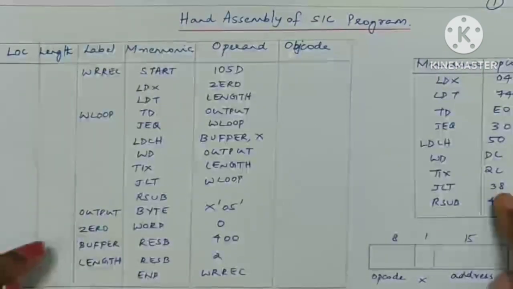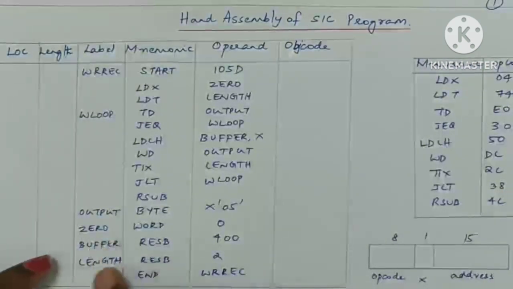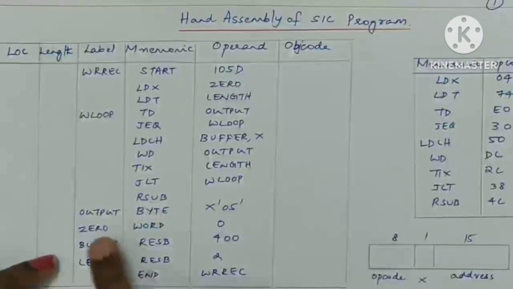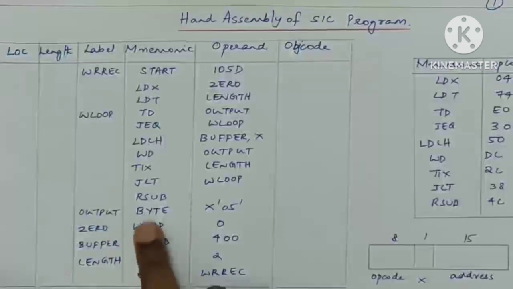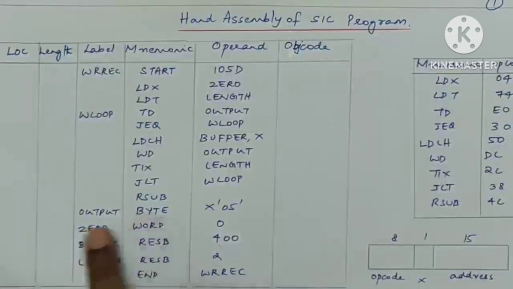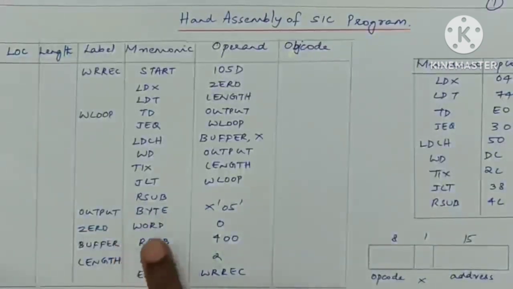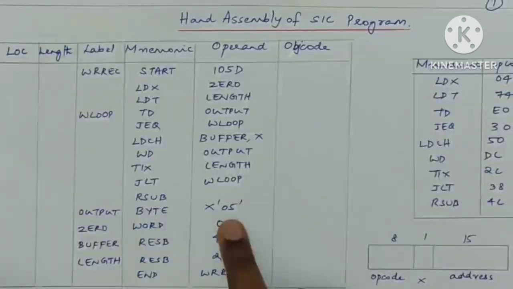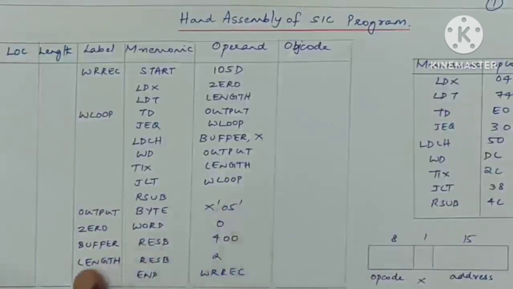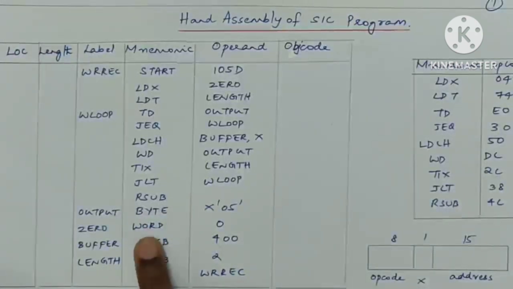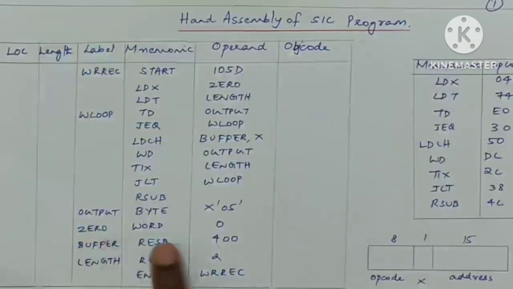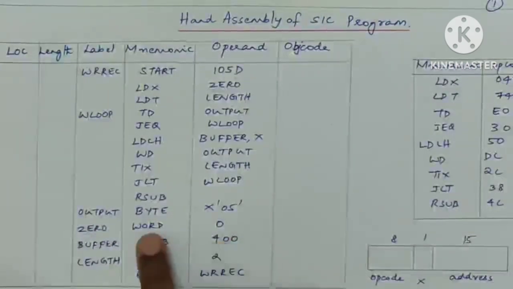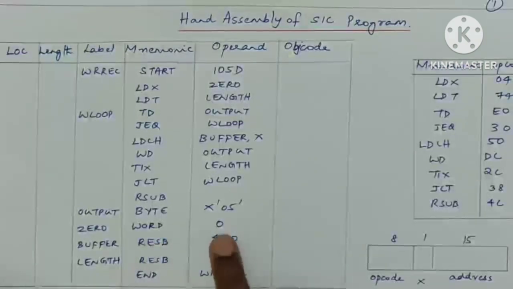So what this program does is, let us look at the declarations first. There is an output variable which you are declaring and initializing with a byte value 05, a single byte value. This is an assembler directive. Similarly, WORD is also an assembler directive, where at the address location labeled 0 you are declaring and initializing the value 0.